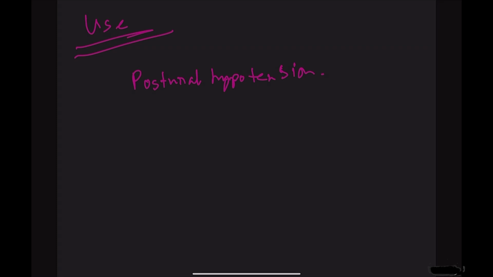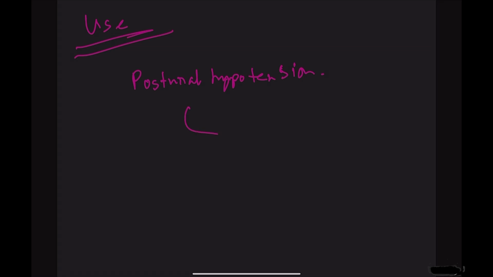If this constriction can't happen, then there is a condition called postural hypotension. It mainly occurs due to some drugs, like antihypertensive drugs mainly, or vasodilatory drugs like calcium channel blockers, or I can say sodium nitroprusside.